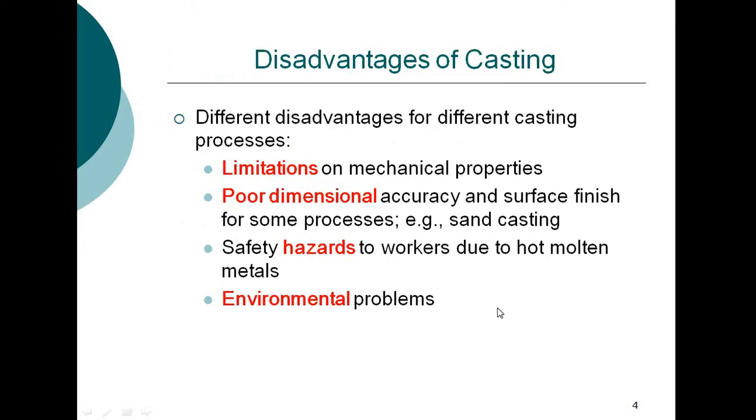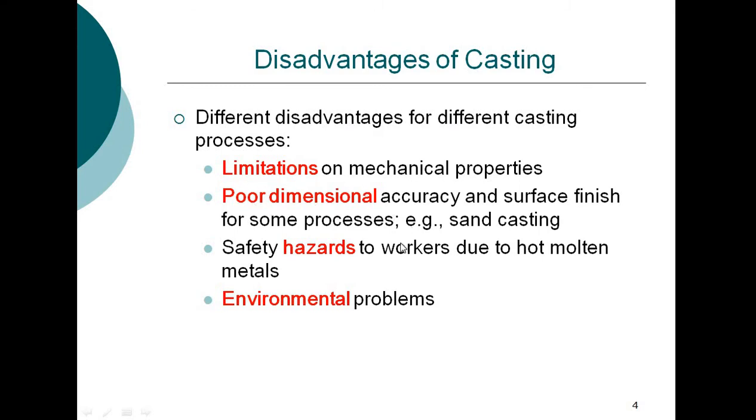But we have disadvantages, actually limitations of properties sometimes, because the metal goes from solid to liquid and then to solid again, so some of the properties have weaknesses. And poor dimensional accuracy. Why is it called poor dimensional?